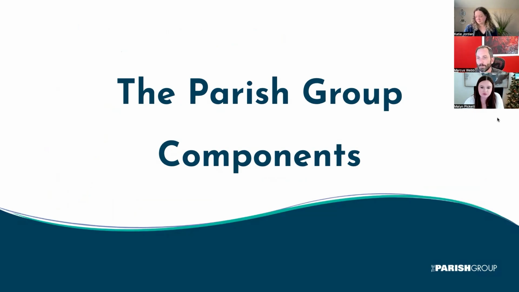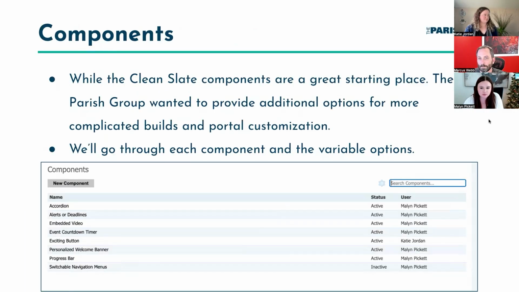We have built out a few more that we're going to take some time to walk through today. Like anything in Slate, there are many portal components that you can create, and there are many ways to set those up. I really like portal components because they help to empower non-technical users who may not be as familiar or comfortable with HTML or CSS to still create engaging content while following brand guidelines that have been set by the Slate super users.